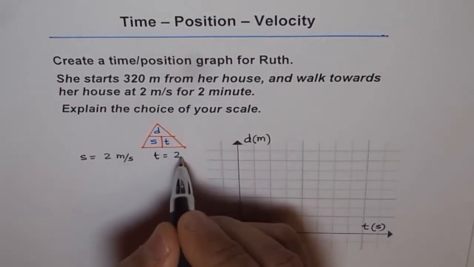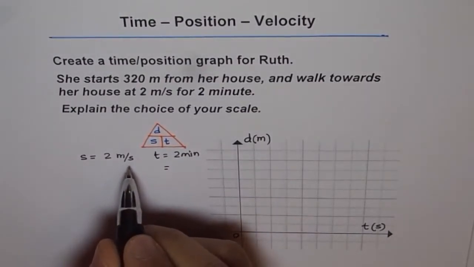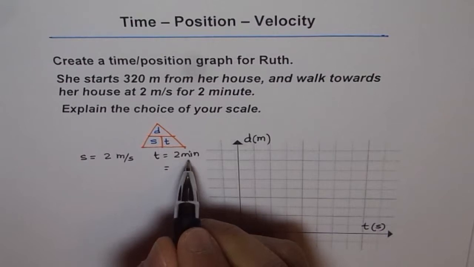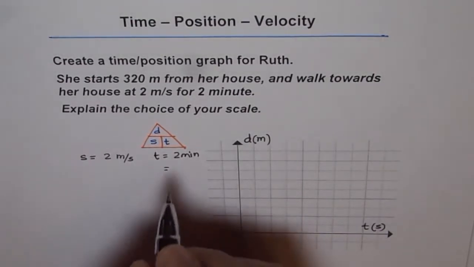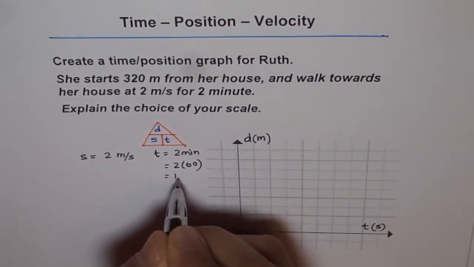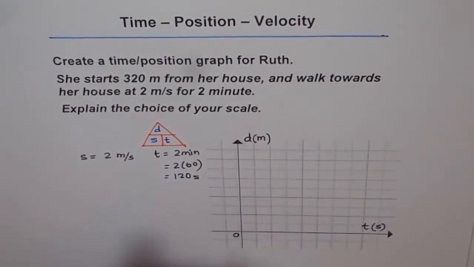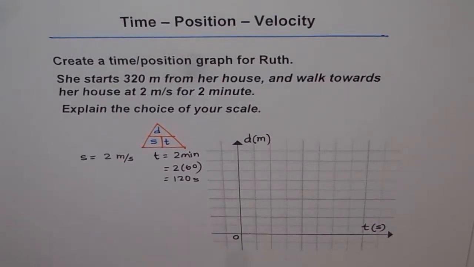Since we are working in seconds, we'll convert the units to seconds. There are 60 seconds in 1 minute, so it'll be 2 times 60, which gives us 120 seconds. So the time we need to consider is at least 120 seconds.